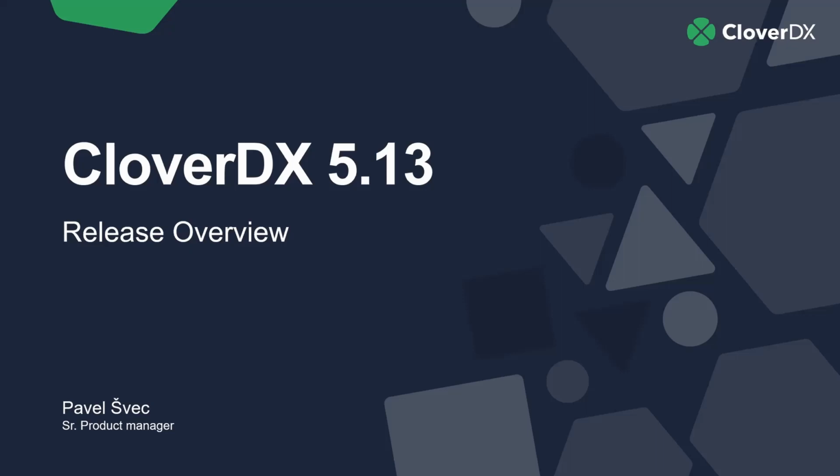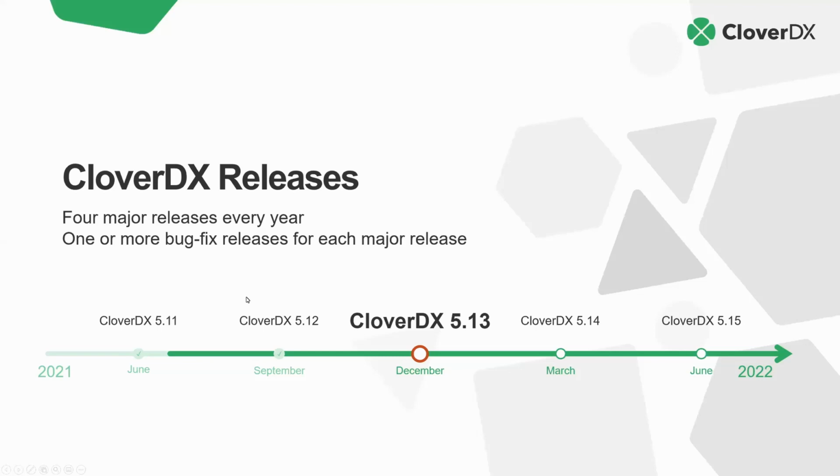I'll be walking you through the new features and updates in 5.13. And maybe I'll start with a reminder of what's ahead. As you may know, we have four major releases in a year, so we release quarterly.